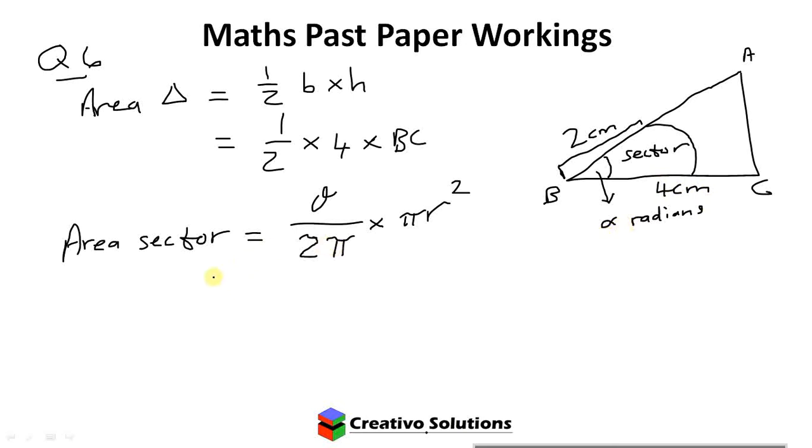Okay, so let's substitute into the area of a sector. The theta would be alpha over 2 pi times pi and then r squared. So what is r in this case? 2. 2 squared.